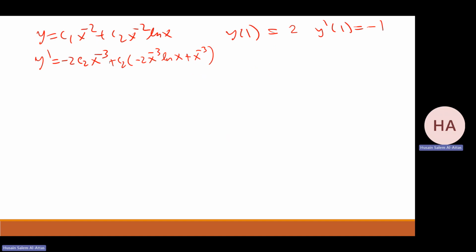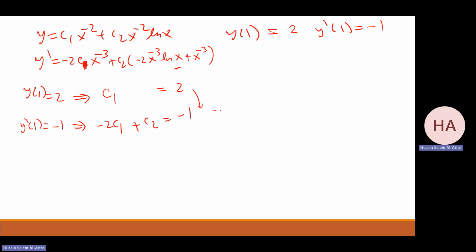Okay. Now we need the conditions. y at 1 equals 2. That implies what? ln 1 is 0, plus C1 equals 2. Gone. Nice. y prime at 1 equals minus 1. That implies what? I have minus 2 C1, here I have 0, plus C2 equals minus 1.